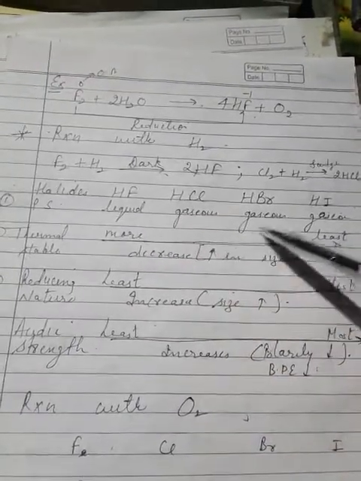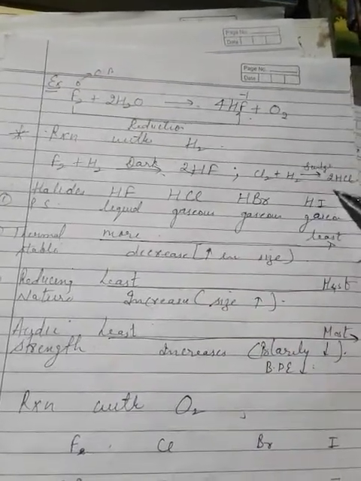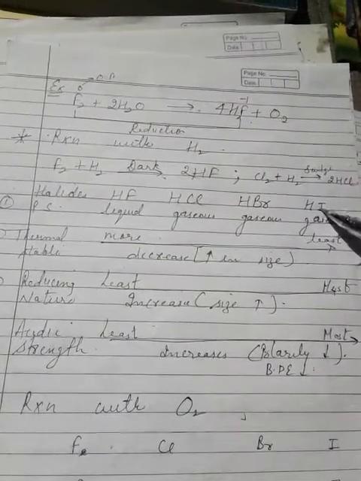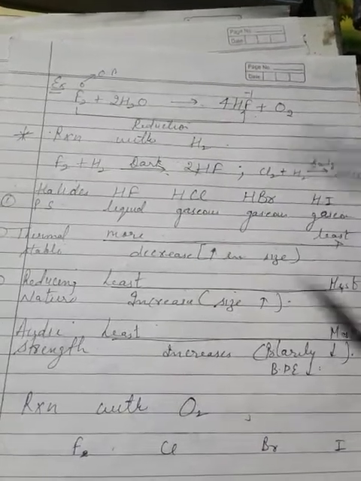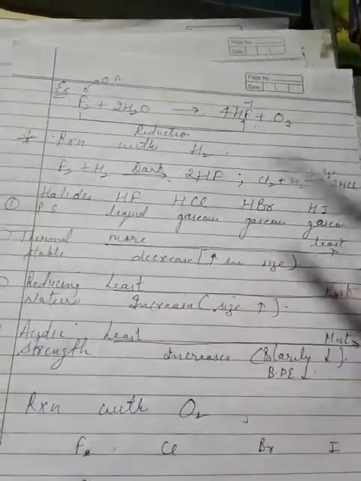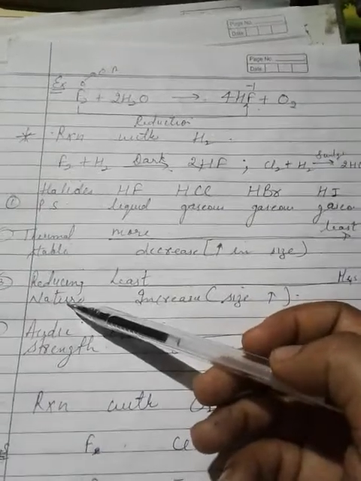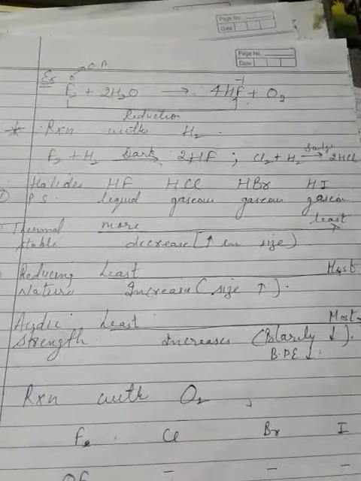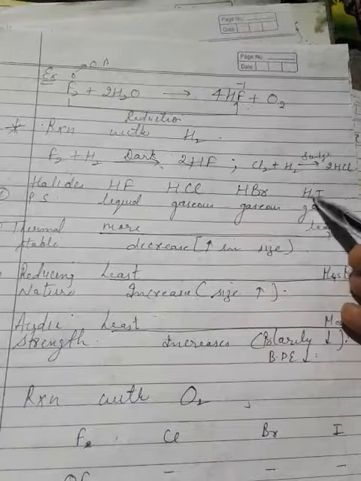But as we move down the group, from HF to HI, size increases. Due to the increase in size, the bonding between H and I decreases, so it is easy to break the bond between H and X, the halogen. So from HF to HI, thermal stability decreases. Next is reducing nature. Reducing nature means the ability to reduce any substance. How can the substance reduce? If it has the capacity to release hydrogen.